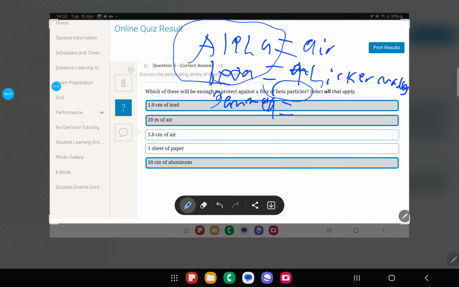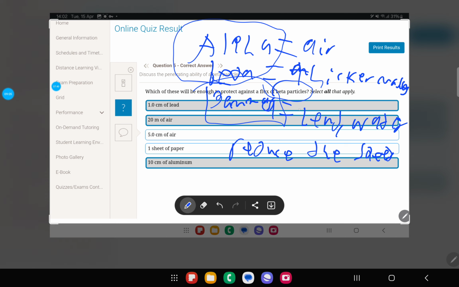Okay, now for gamma, it's a special case. Gamma cannot be stopped by any obstacle. Maybe there are obstacles like lead and water that can't stop it, but they can reduce the speed, or at least reduce the amount that's passing through, but it can never truly be stopped.